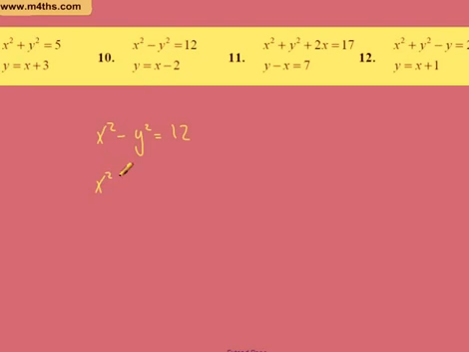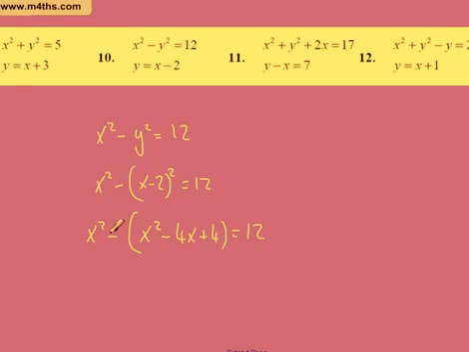So what we've got now is the following. We've got x squared minus, now we're going to feed this in, x minus 2 all squared is equal to 12. Now be careful right here. We're going to have x squared, and then minus, let's work this out, minus 4x plus 4 is equal to 12.